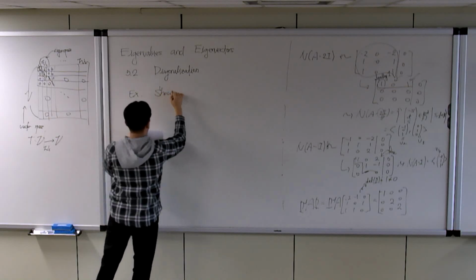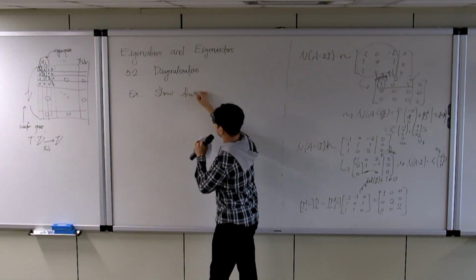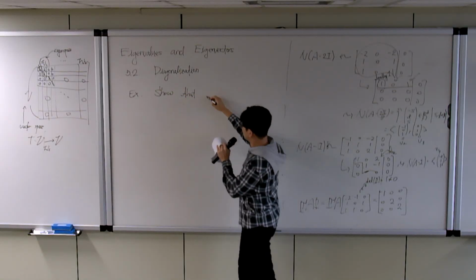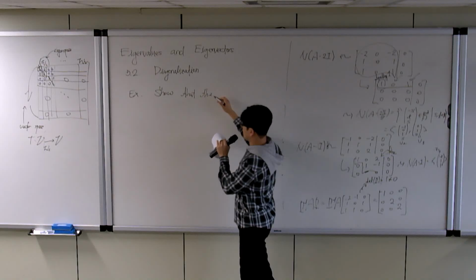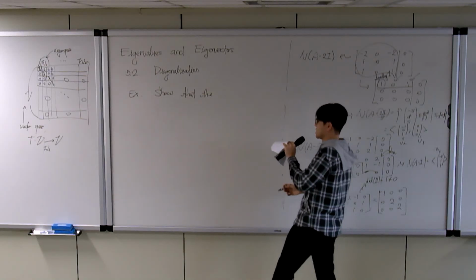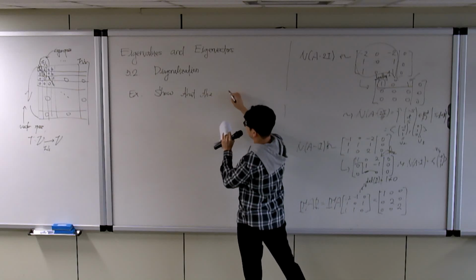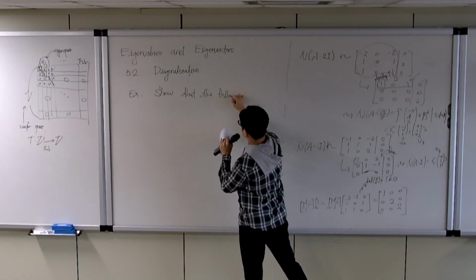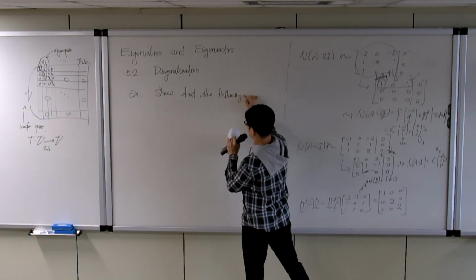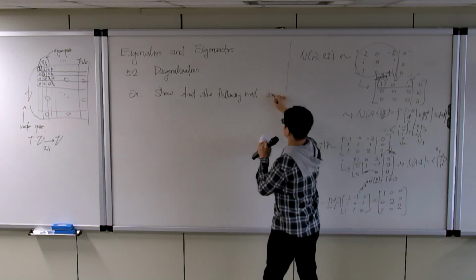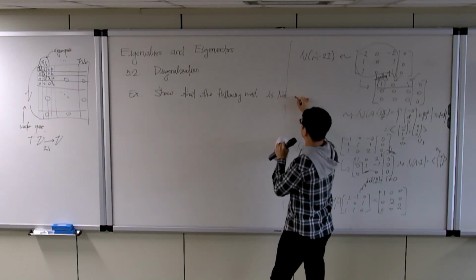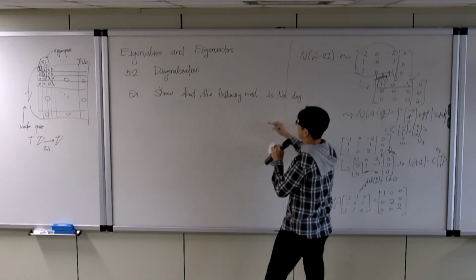Then from the elementary row operation, you can get two linearly independent equations.